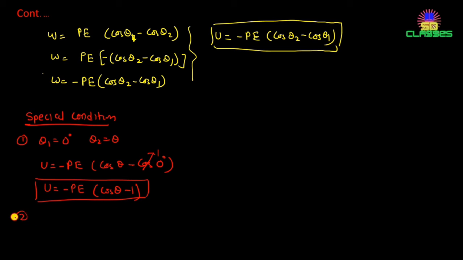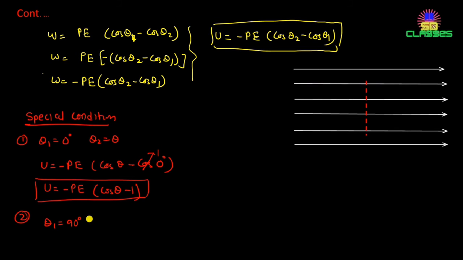Okay, next is condition number 2. Suppose theta 1 is 90 degree. What is the position? The second position is while the dipole is perpendicular to the direction of the electric field. So this is the initial position, and let theta 2 be any position theta.